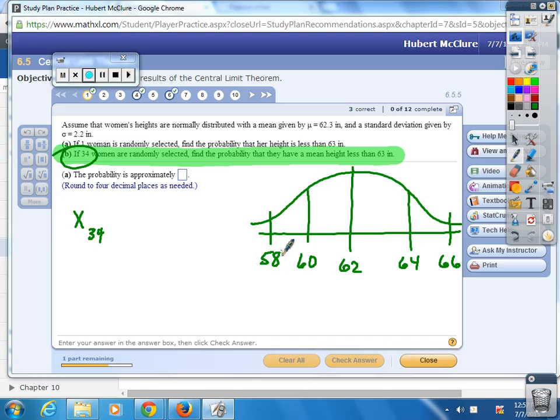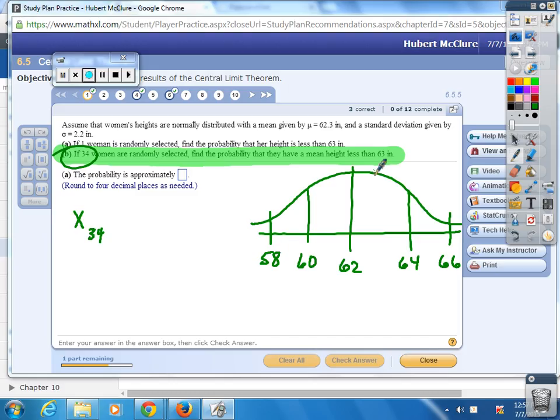And then the first question they asked, how do you know if one person is selected? They don't give you any kind of numbers. They just say, you know, it could be 500, it could be 5,000. So they take each woman's name and they put their height on it, and then they put it in a hat. And in 6.2 and 6.3, they ask you, what is the probability of pulling a name out of that hat and it being less than 63 inches?